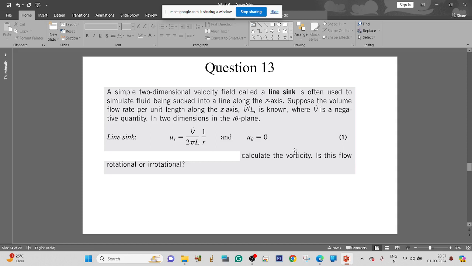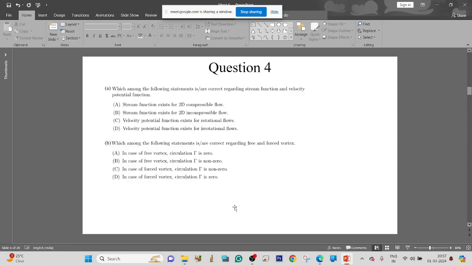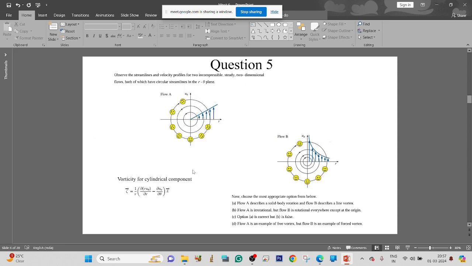Only r is given and theta is given. So we'll use the equation I have introduced to you in the previous question. Do you remember the equation? Wait, this equation. So we'll use just this equation, nothing else. So z is not required itself.